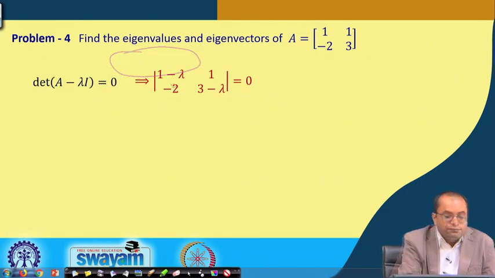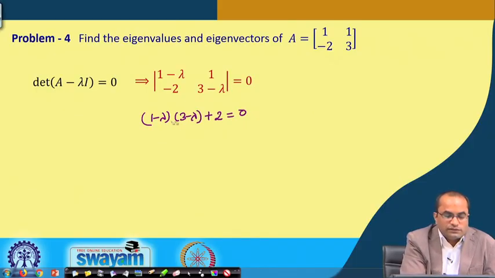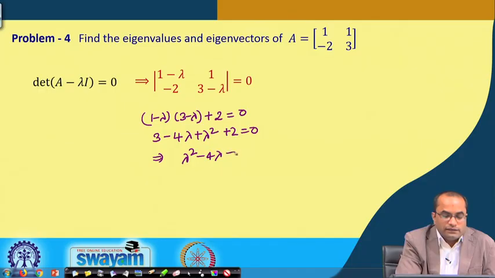So, we have 1 minus lambda multiplied by 3 minus lambda, and minus minus becomes plus 2, equal to 0. So, let us do the calculation. We get 3, minus 4 lambda, lambda square plus 2 equal to 0. So, we are getting the equation lambda square minus 4 lambda plus 3 plus 2, that is 5, equal to 0.